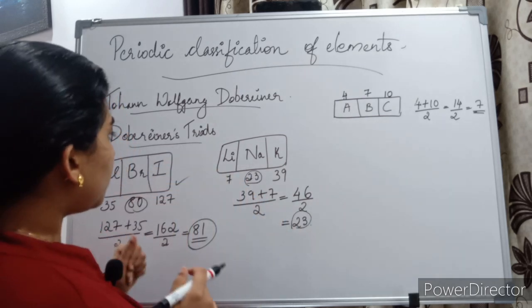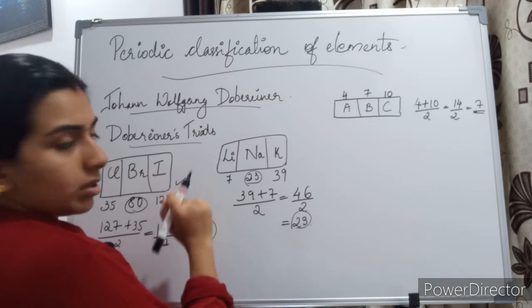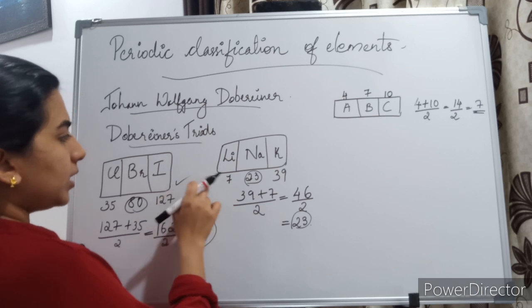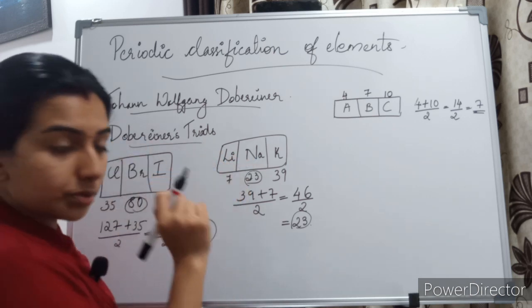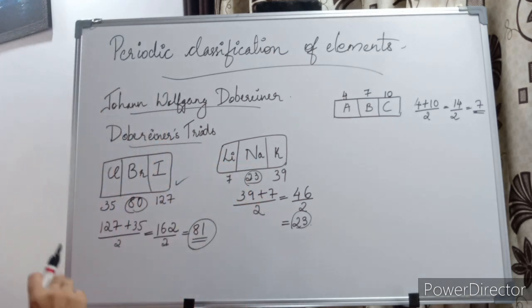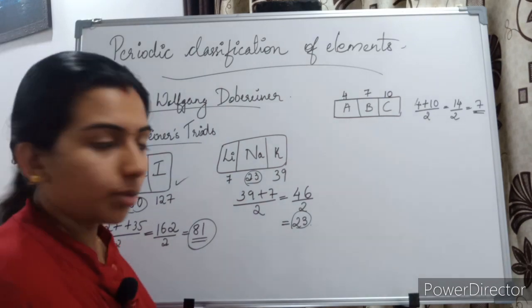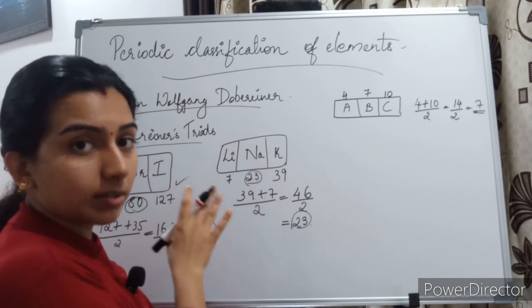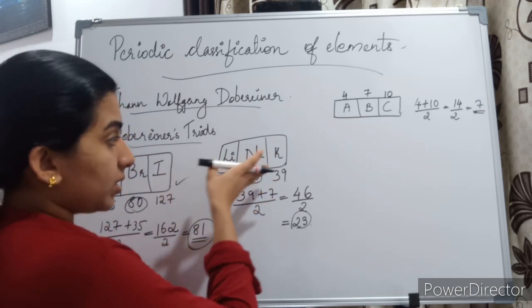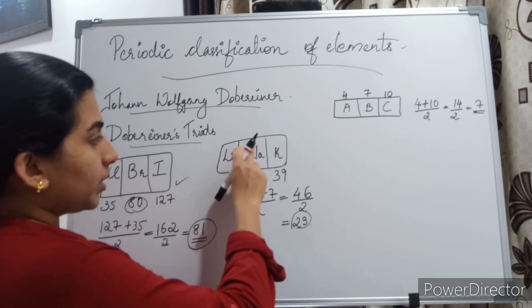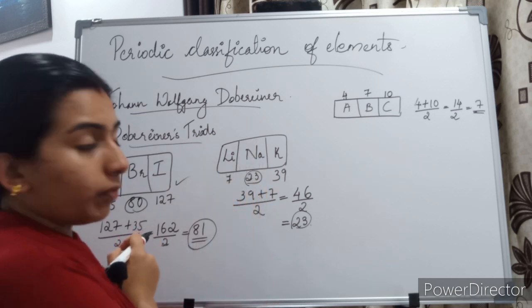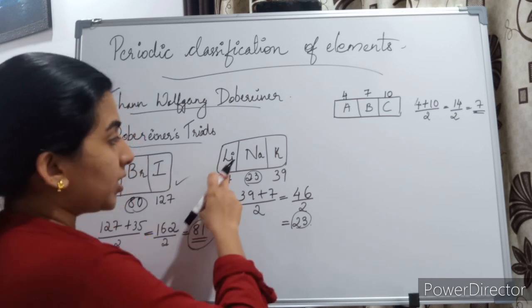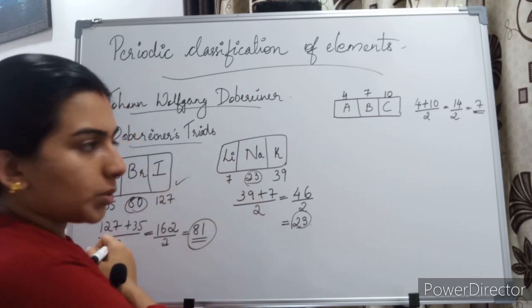So both these have successfully fulfilled Dobereiner's triad. These six elements form two triads. So what did Dobereiner say? Dobereiner showed that when three elements are arranged in a triad in increasing mass number, the mass number of the middle element will be approximately equal to the average of the mass numbers of the other two elements.